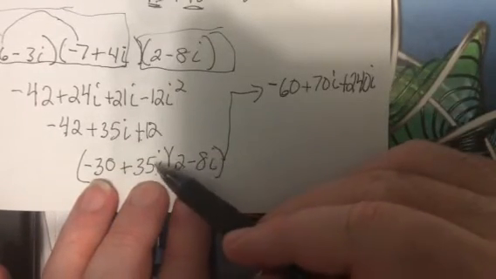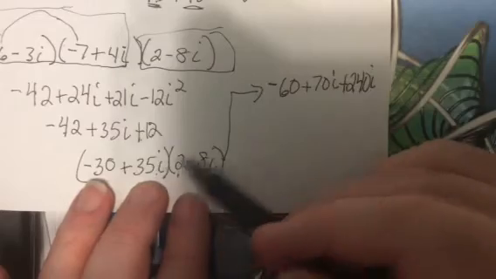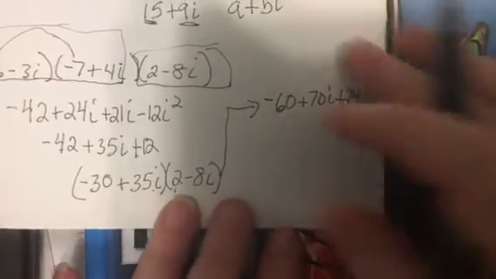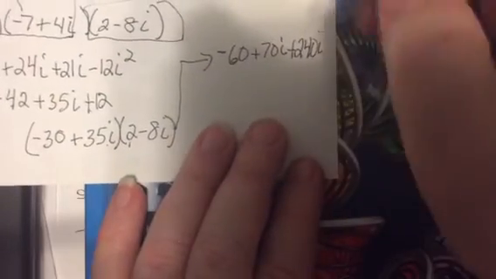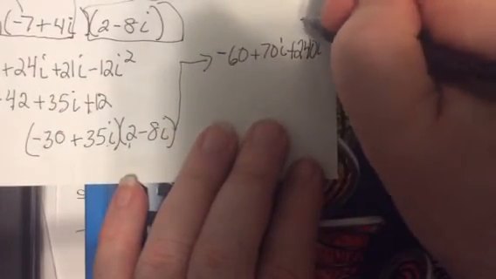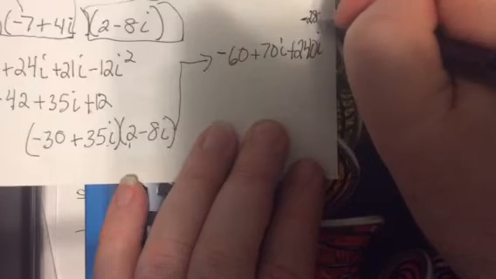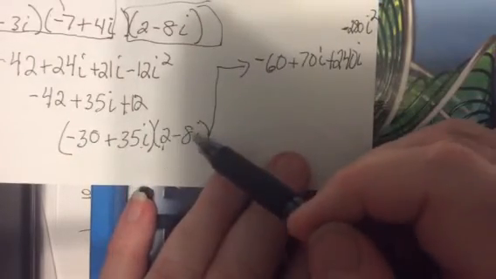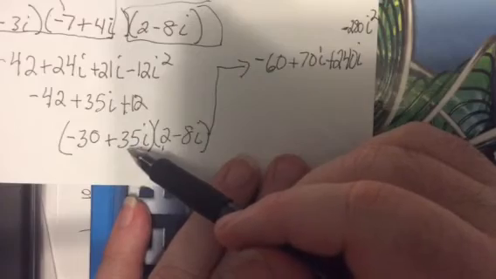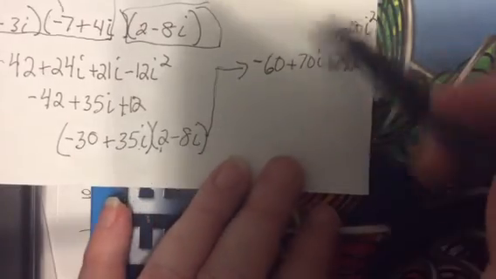Well, 2 times 35 is 70, times 4 is 280. So that would be minus, and I'm really getting sloppy here. I apologize, Dylan. I'm going to put that right up here. Minus 280i squared. Did I do that right? Twice times 35 is 70, times 4 is 280.